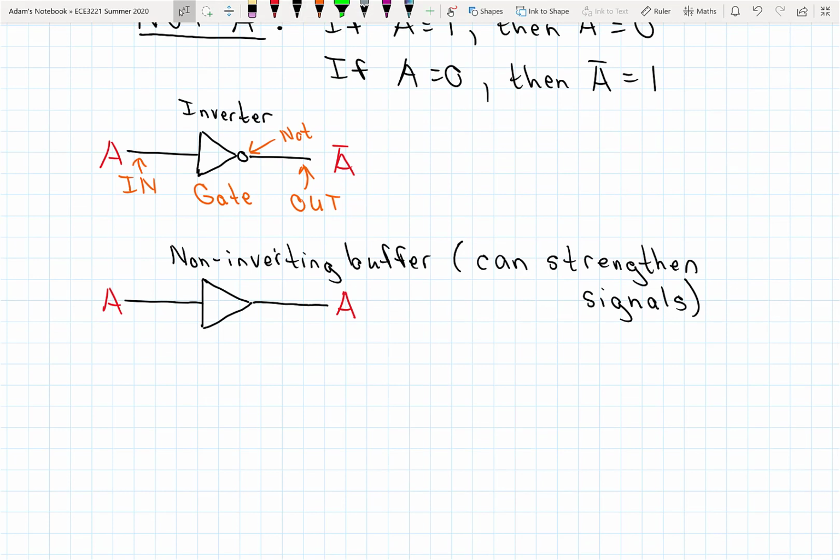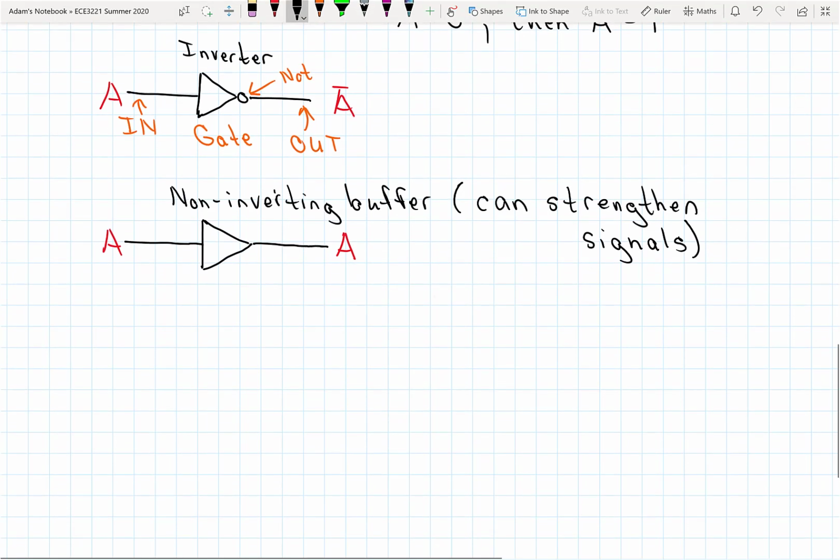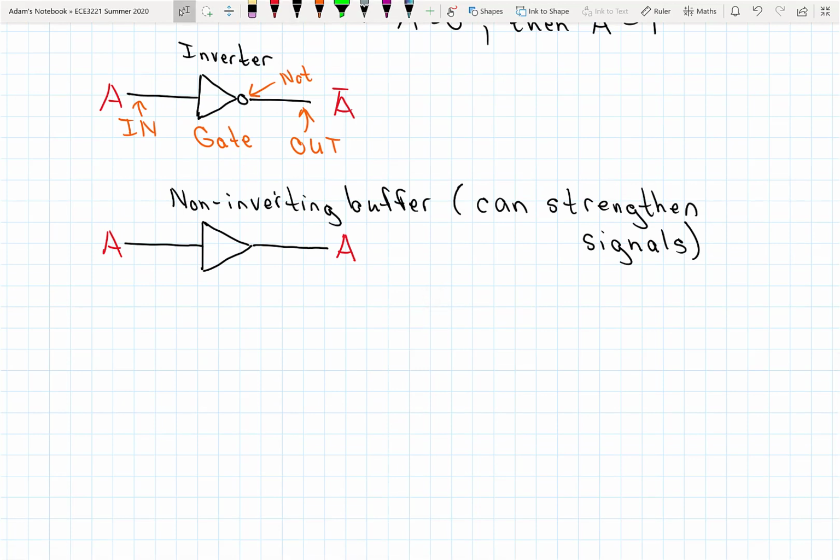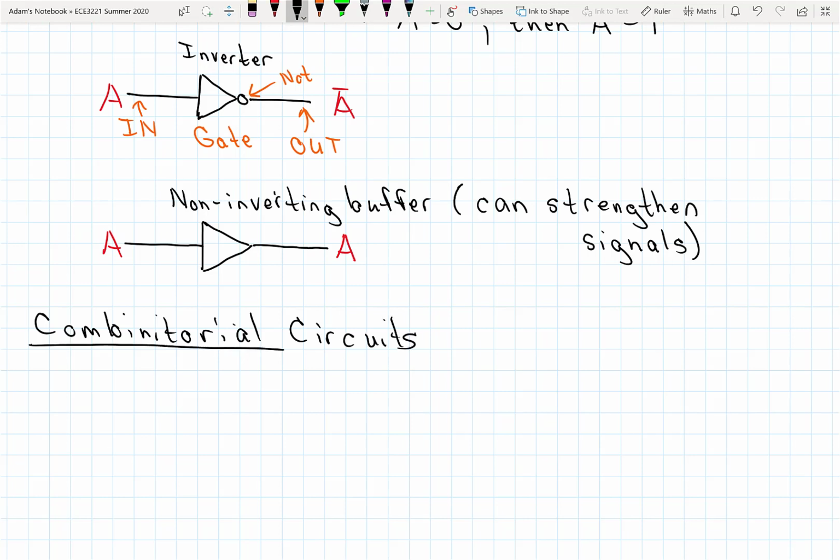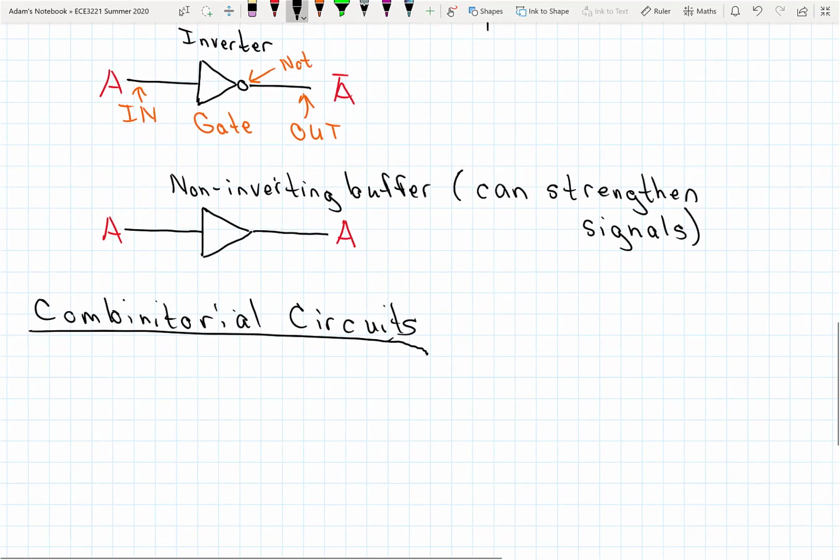Okay, when we talk about digital logic circuits, we talk about two primary different classes of circuit. Again, review for everyone, but we'll go over them briefly here just as a reminder.